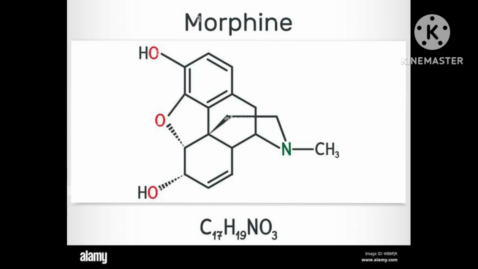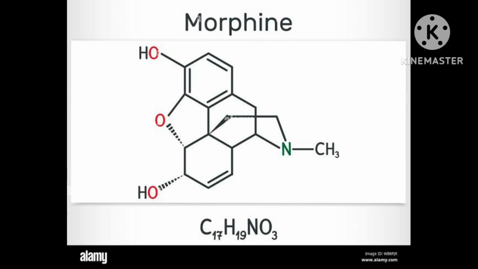And its IUPAC name means a systematic name. IUPAC means International Union of Pure and Applied Chemistry. All over the world, this substance will be known by this name only.